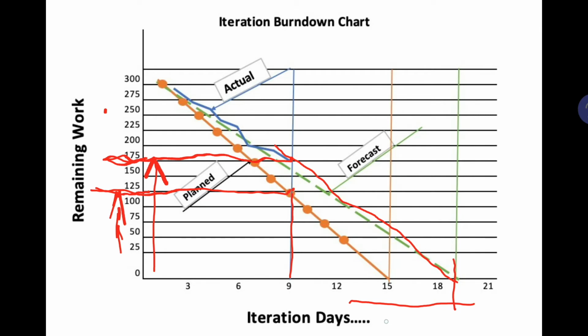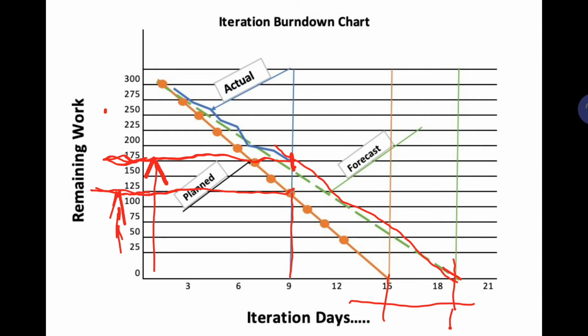So this is our variance. We planned to complete within 15 days, but on day 9 we tracked our progress and drew another line stating that our work will be completed only on day 18, not 15.